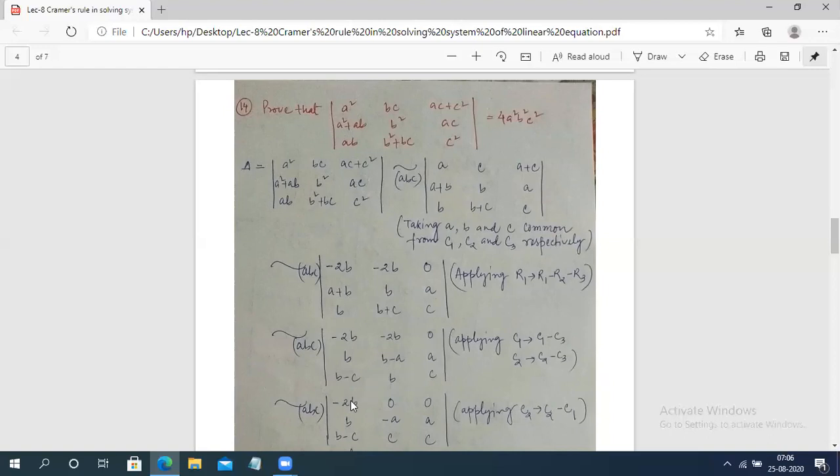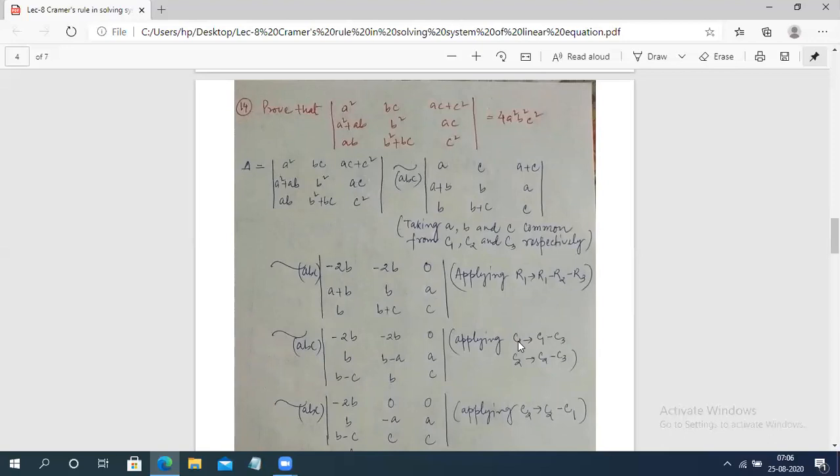After applying this, we are having this determinant.